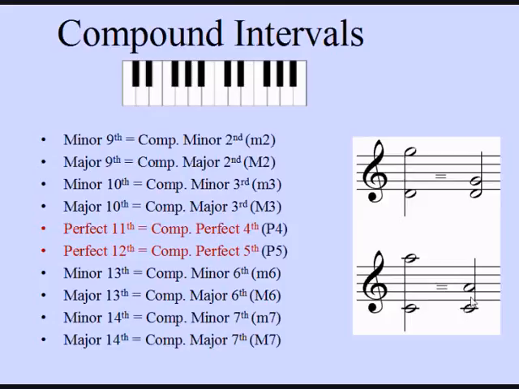A major sixth in this case is a compound major sixth, therefore it is a major 13th. So we have two ways of calling it, but as we said before, we usually just call it a major sixth, even if they are distant from each other.